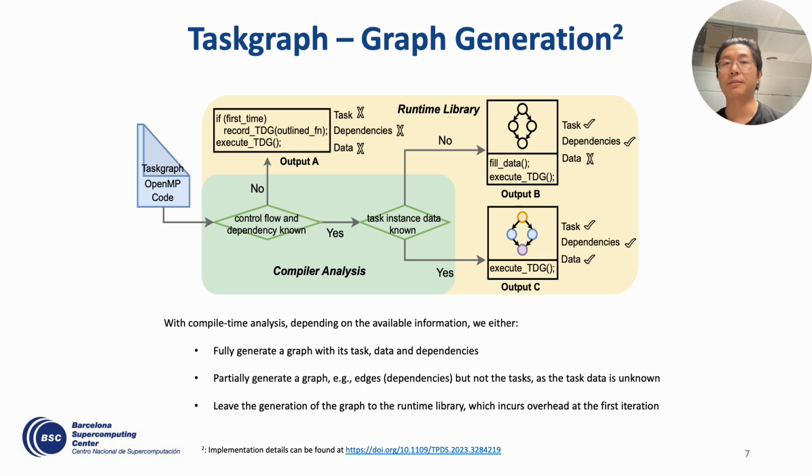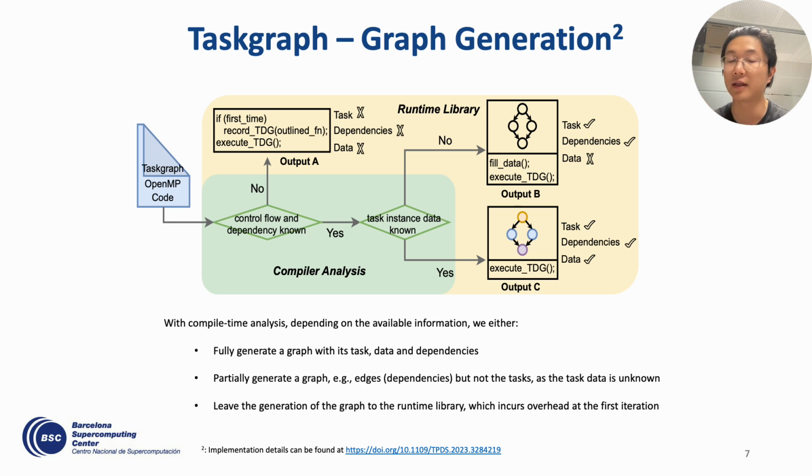Now let's talk about the graph generation in the compiler. How does it work? Well, it depends on which information is available at compile time. Let's look at the optimal case, the output C in the diagram, where we have the tasks, the task dependencies, as well as the task data.